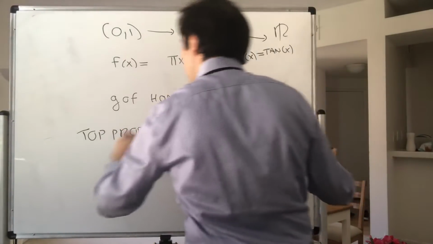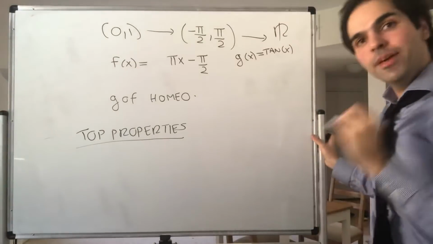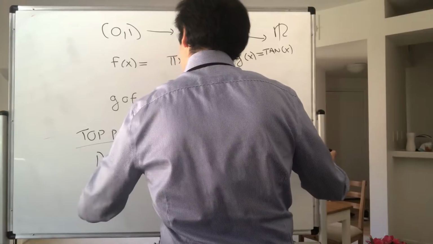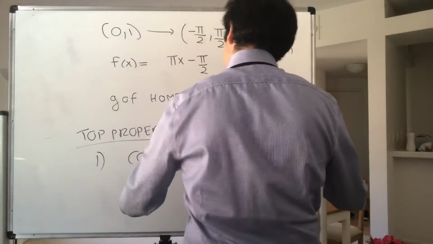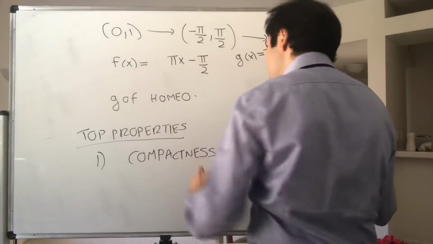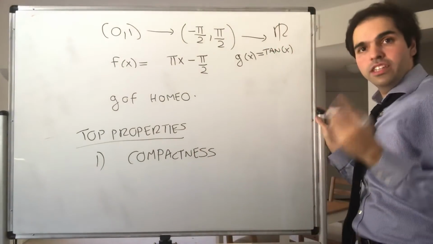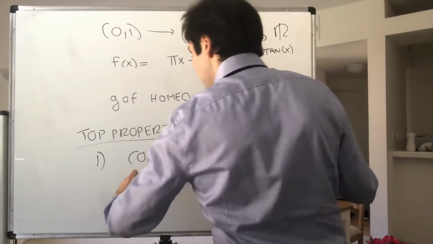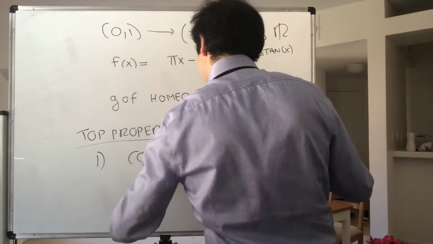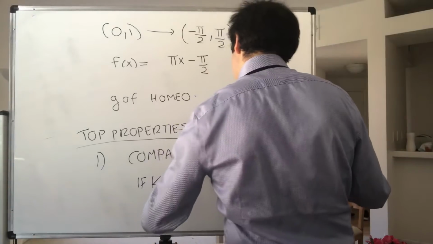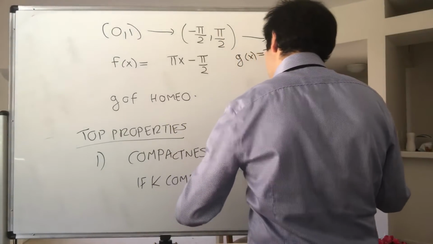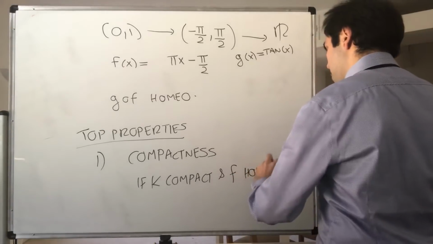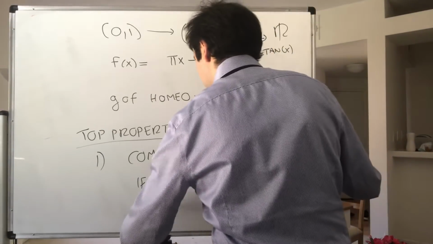So we've seen boundedness is not one of them, but compactness is one of them. Namely, and here we don't even need the inverse function, but basically if K is compact and F is a homeomorphism, then F of K is compact.